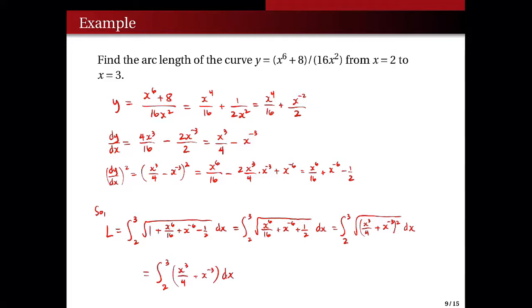By the way, I did not mention this guy here, it's smooth. This is continuous. So this function here, the derivative function, it's continuous on the interval 2, 3. Let me write that.